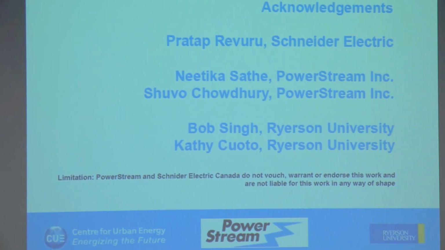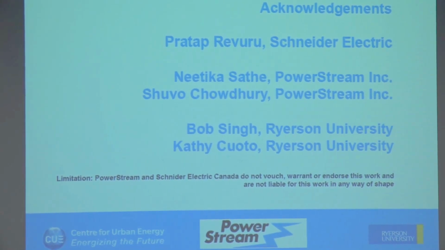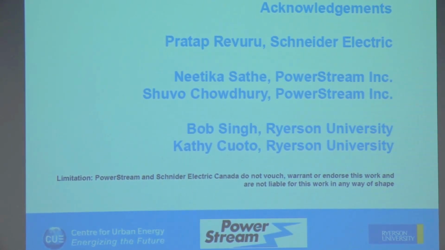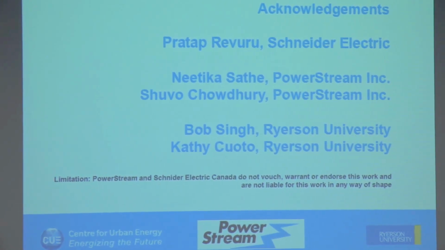Bob Singh is a fellow at the center who has helped us with realities of actual systems, so that when we create a system, it doesn't deviate from the codes and standards very much. He's brought his utility experience into it. And Kathy Kuto is a lab engineer who has actually done all the connections and made sure things don't smoke, which we like to do oftentimes.